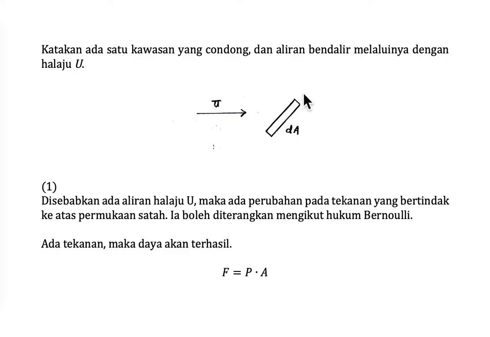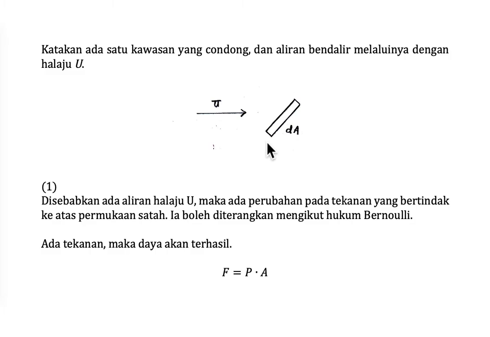So the difference of velocity here will create pressure difference. The velocity will move faster on this area, so the pressure here is lower compared to the pressure at the bottom here. The difference of pressure here will create lift force.